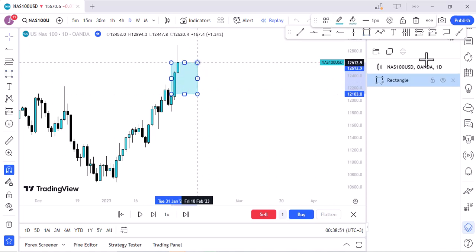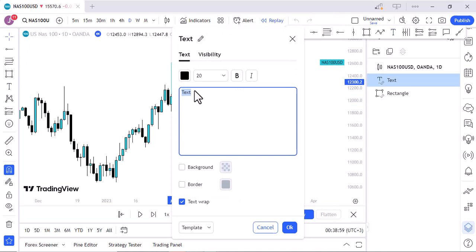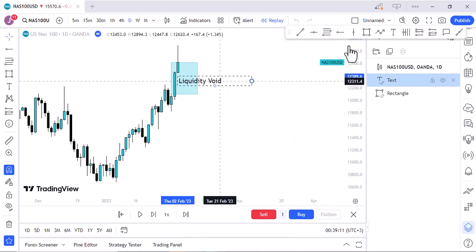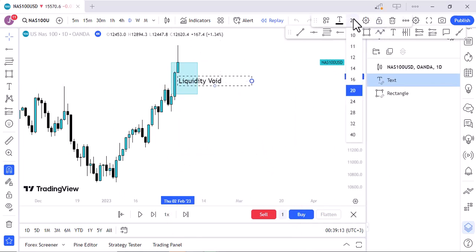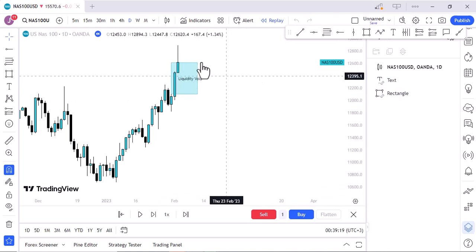This would pretty much be our liquidity void right here.